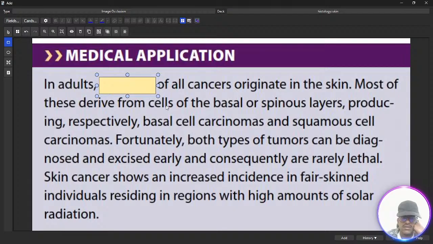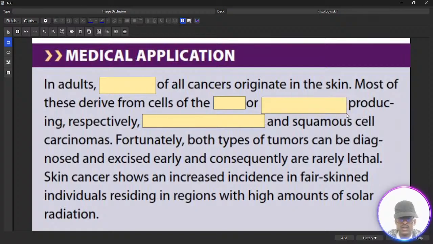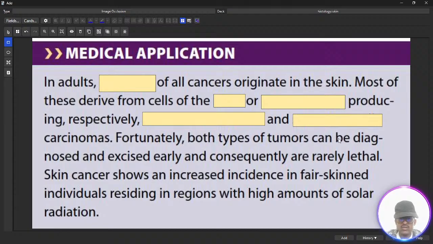Most of these derive from cells of the basal or spinous layers, producing respectively basal cell carcinoma, and from the spinous layer, squamous cell carcinoma. Fortunately, both types of tumors can be diagnosed and excised early and consequently are rarely lethal.